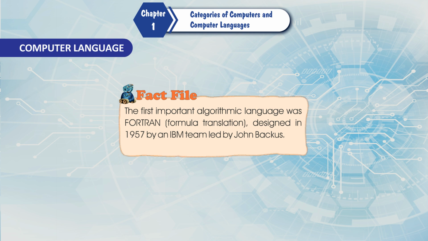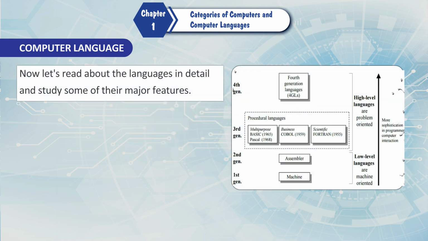Fact file. The first important algorithmic language was Fortran, formula translation, designed in 1957 by an IBM team led by John Backus. Now let's read about the languages in detail and study some of their major features.